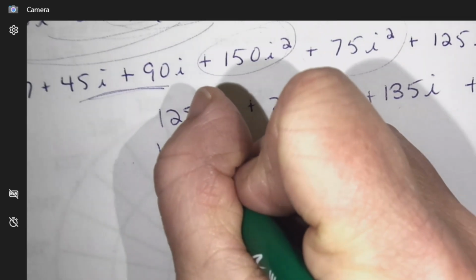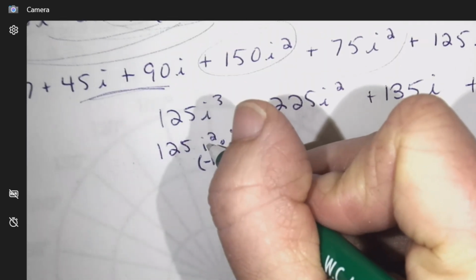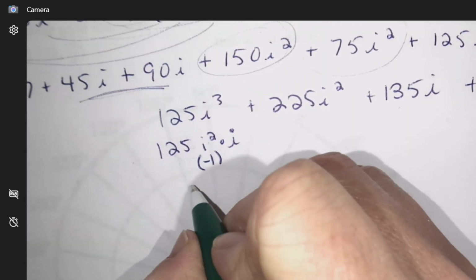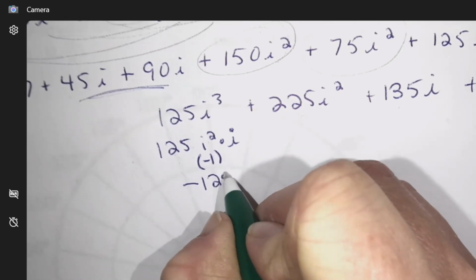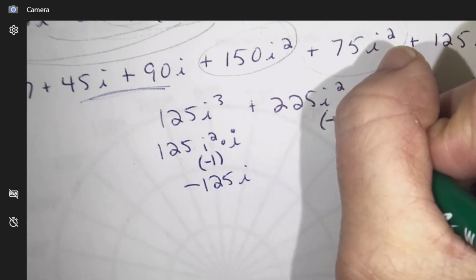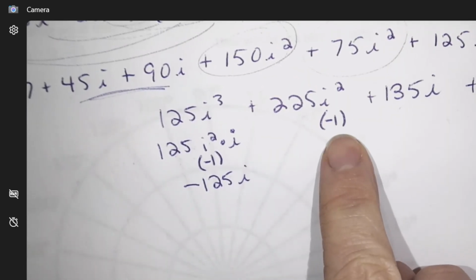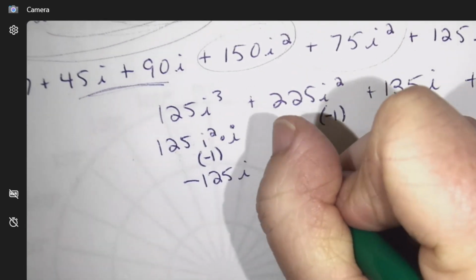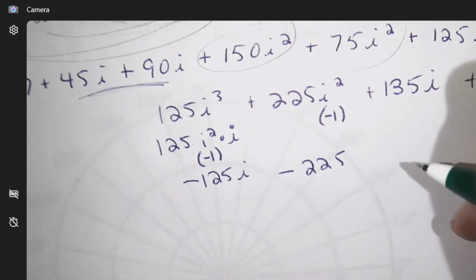What is I squared? -1. So this is going to be -125i. Yay, nay, that's okay. I squared here is just -1, so then this would be -225.